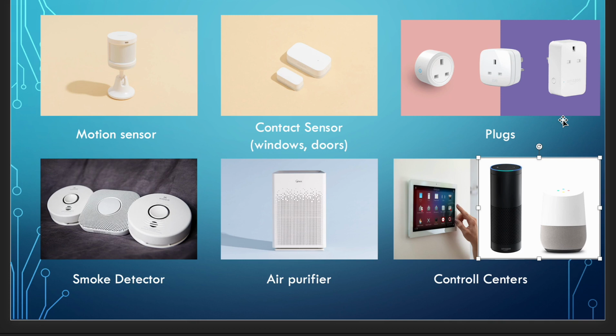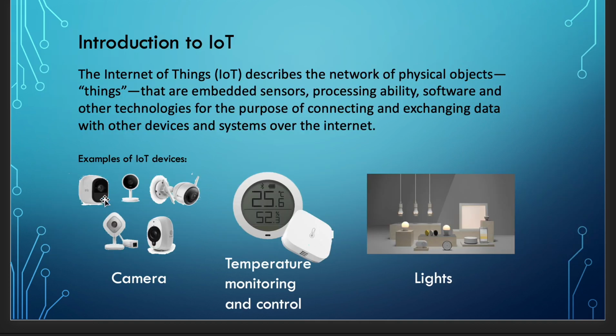Then we have motion sensors, we have contact sensors. Both of these can be used as surveillance systems, and when those surveillance systems detect trespassing or something like that, a warning sound can be used, similar to cameras.